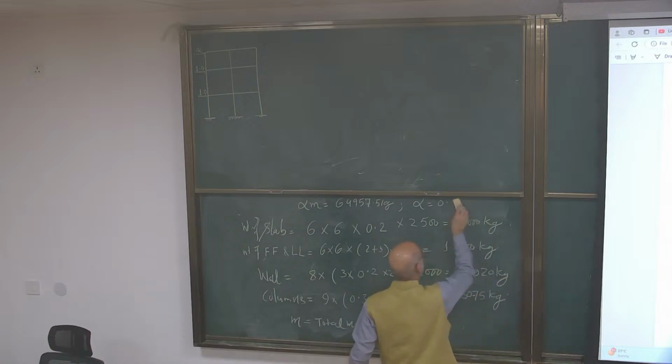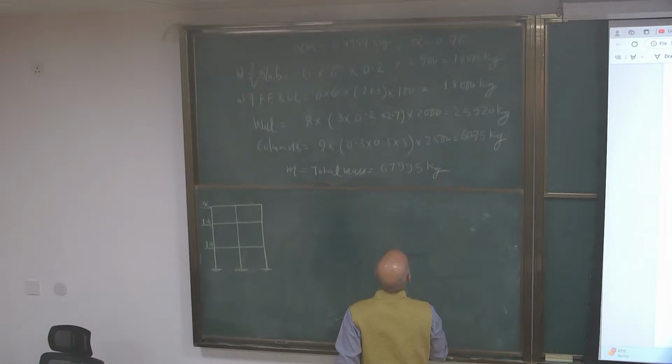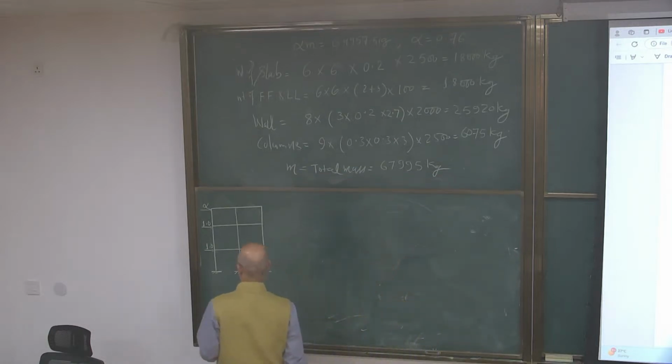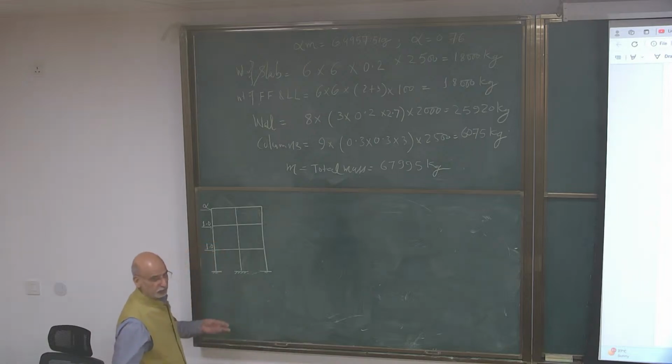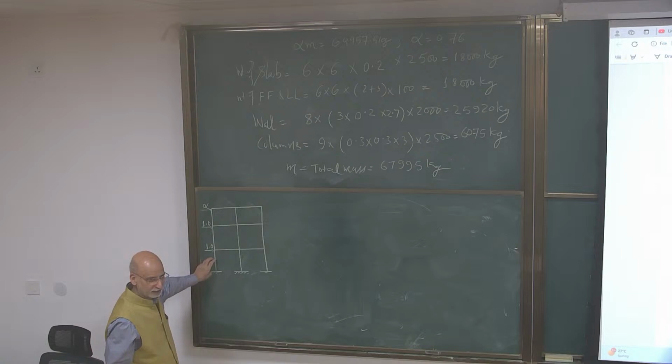Now it looks reasonable. Okay, so now if I say this is alpha, then these are 1, 1.